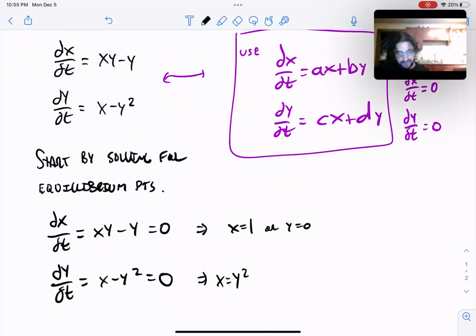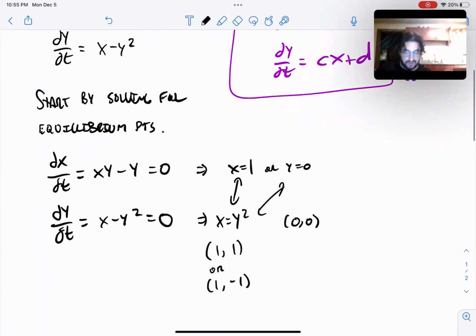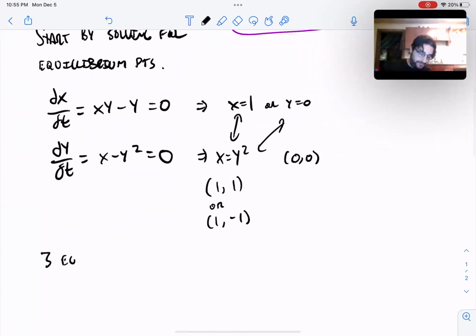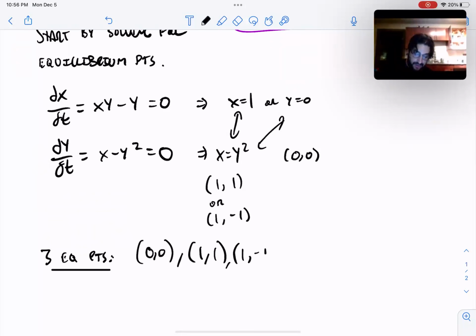Combining that with the first two possibilities: x is 1, but then y could be plus or minus 1. And if I combine the other two, I just get the origin. So I have three equilibrium points: 0, 0, 1, 1, and 1, minus 1.